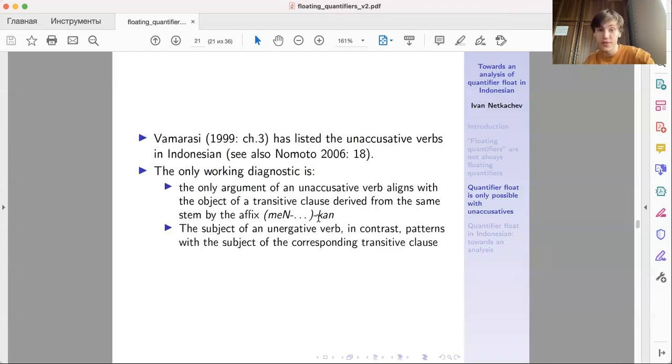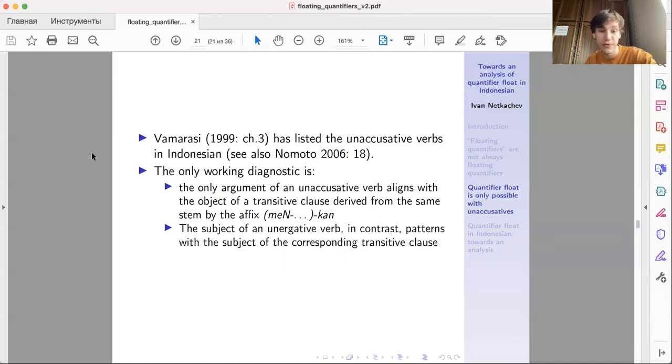And in Indonesian, there is indeed such a diagnostic. There are works by Vamarasi and Nomoto, and there you can find that there is, in fact, just one working diagnostic which works more or less in all the cases.